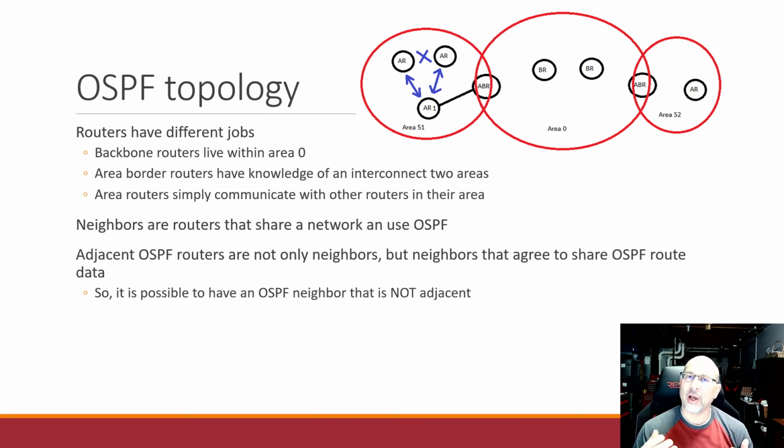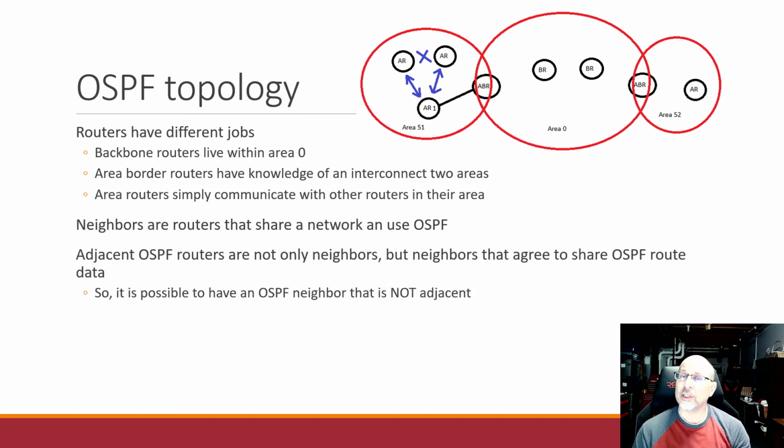Now, there's another idea that we have to talk about when we start talking about routers and who they're willing to share information with. When we get to complex topologies, it may be that there are lots of routers that are communicating with each other. Now, neighbors are routers that share a connection to a network and they're both doing OSPF.